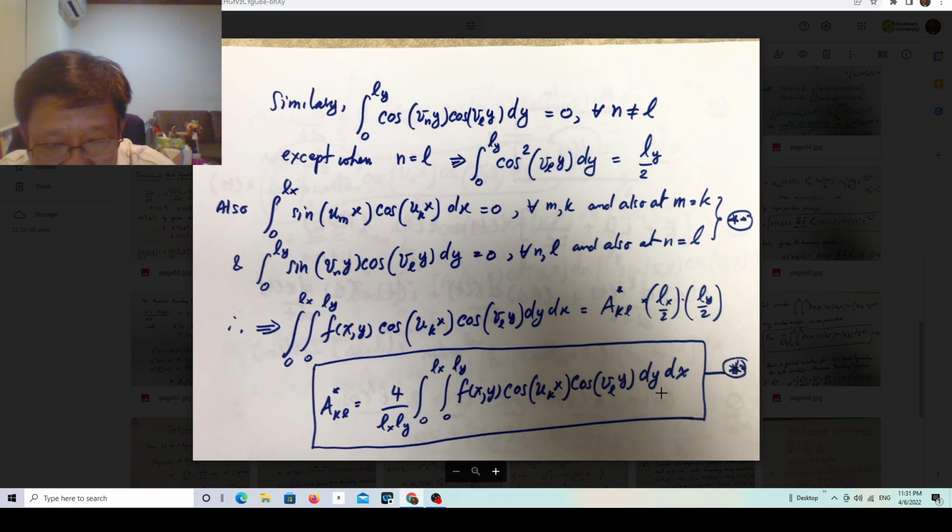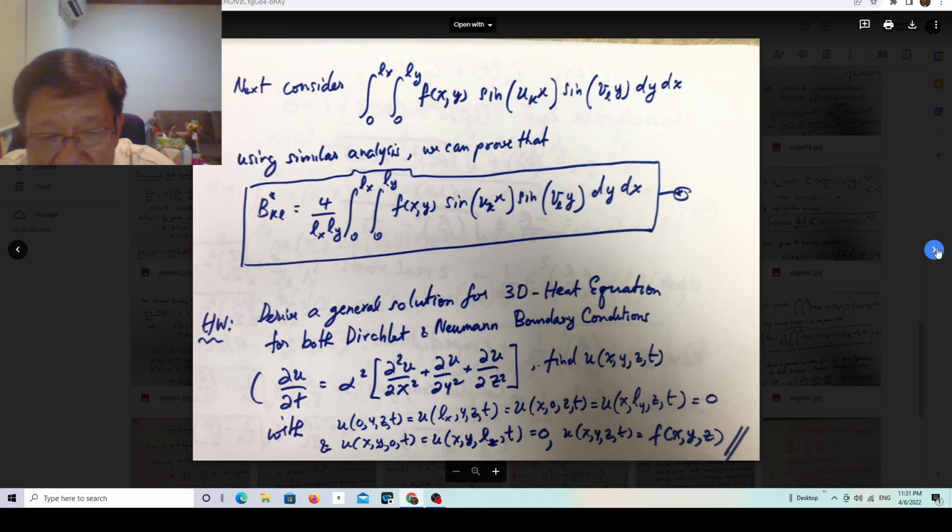This one, cos, there are three terms of cos: cos of x, cos of y, and cos of z. And thirdly, this one also has sine of x, sine of y, and sine of z. And this one should be a function of x, y, and z. Remember that this t has to be 0, and this one you need to add the square over here. It becomes the second order differential equation of the u function.